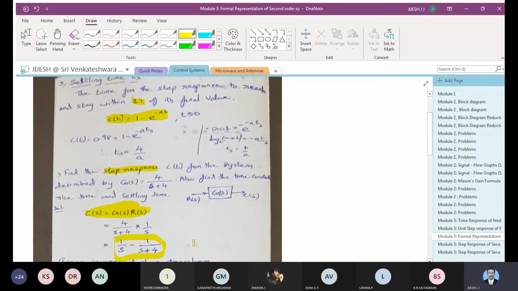These two are the same; it is modified and written in this form. Once you write it, let me see how many of you know to take the inverse Laplace transform for this function.